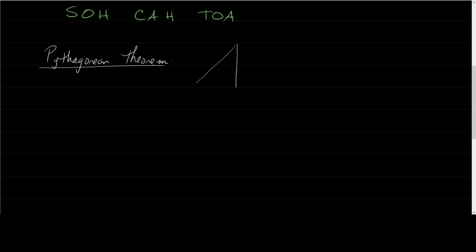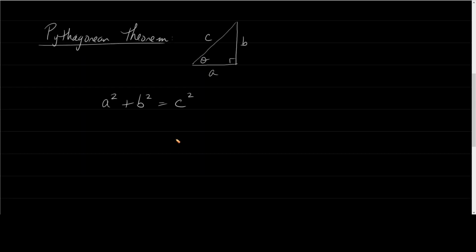It says, given a right triangle, right, with sides A and sides B and hypotenuse C, then we have that A squared plus B squared is equal to C squared. Now let's look at this equation. A squared plus B squared is equal to C squared. Right? Again, that's only true with right triangles.